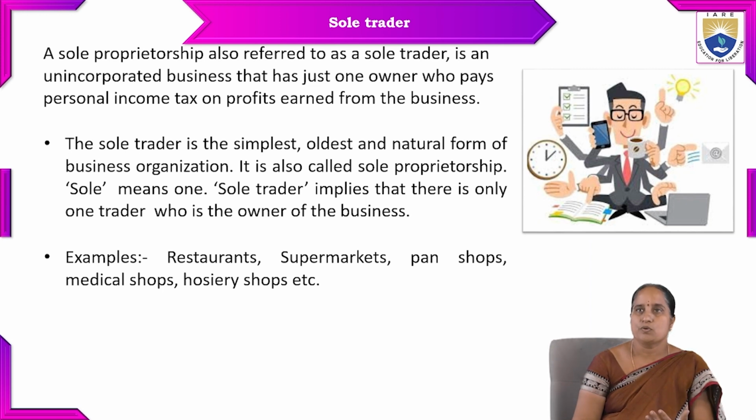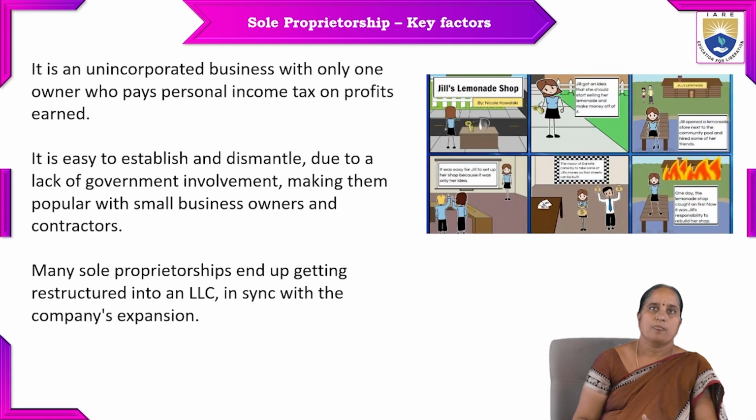It is also known as sole proprietorship. Sole means one. Sole trader means there is only one trader who is the owner of the business. For example, restaurants, supermarkets, pawn shops, medical shops, hosiery shops, beauty parlors, etc. all come under sole tradership or sole proprietorship type of business forms.